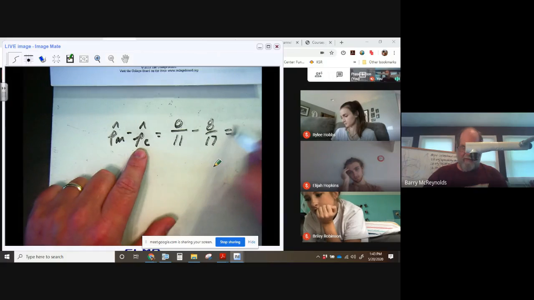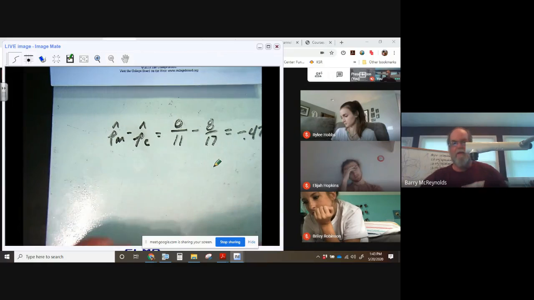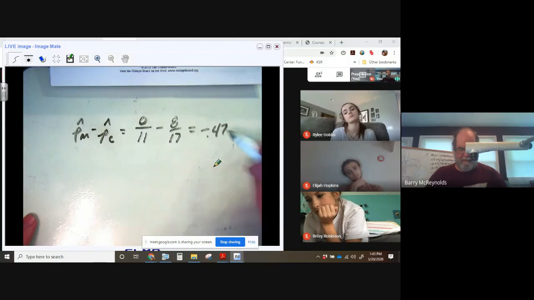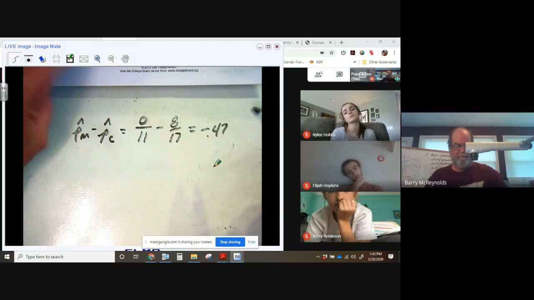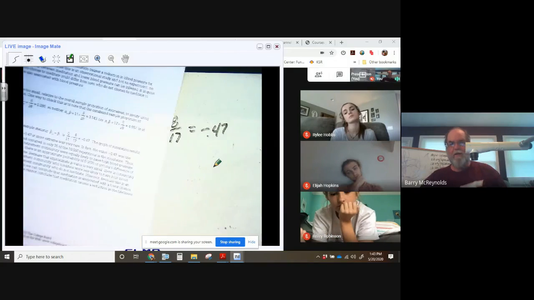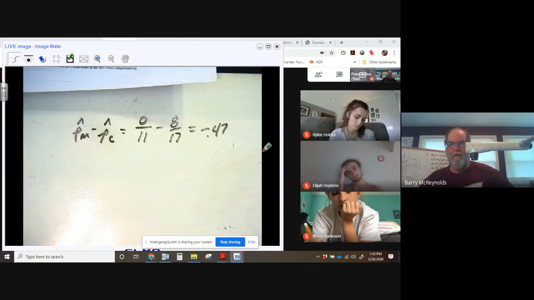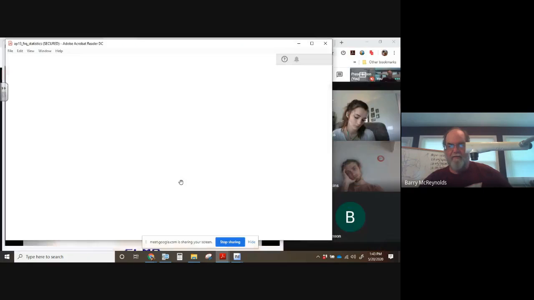So if we calculate that difference, that's a value of negative 0.47. Okay, so now we need to go back to the graph now, and let's take a look at the graph.